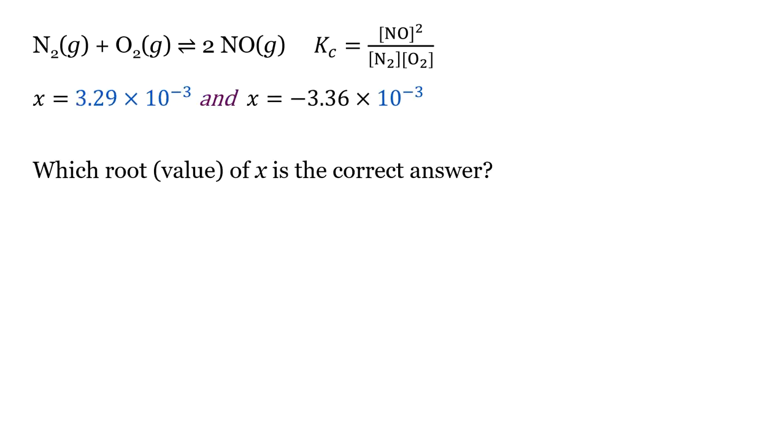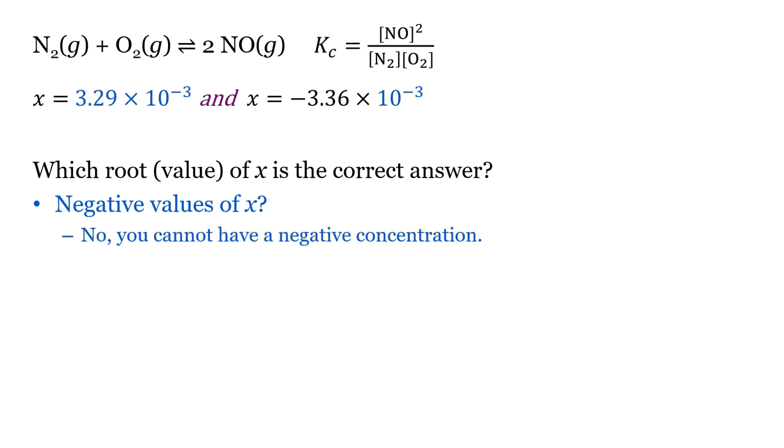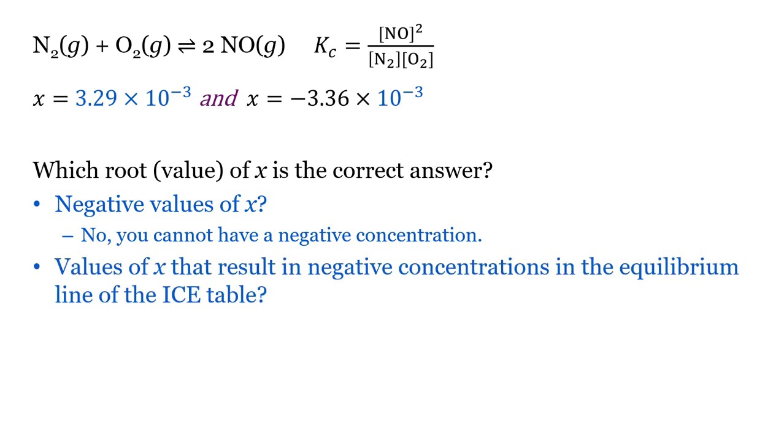If you get a negative value for x, that's definitely not the right answer because negative concentrations do not make sense. For the same reason, if you plug a value of x back into the ICE table and it results in a negative concentration, that answer also does not make sense. For these reasons, 3.29 times 10 to the negative third is the appropriate value of x.